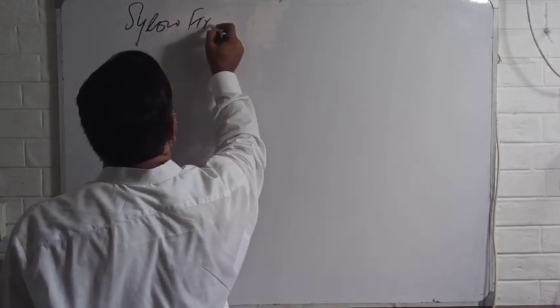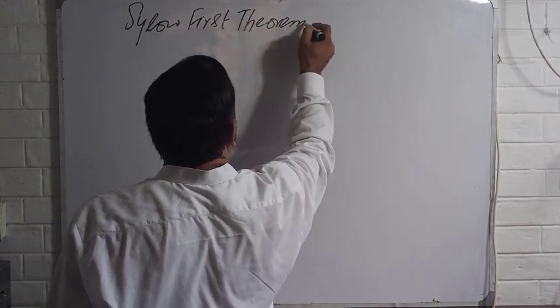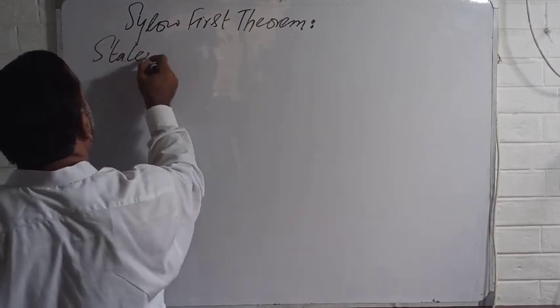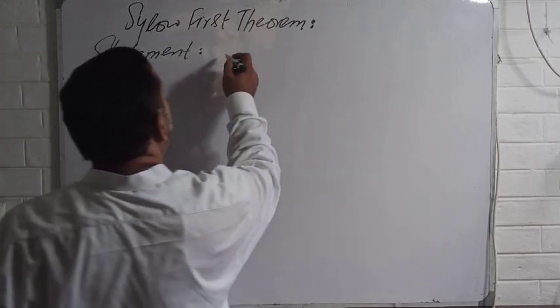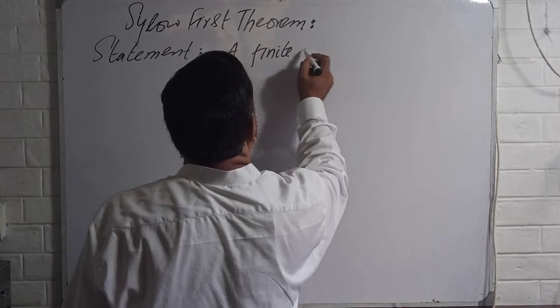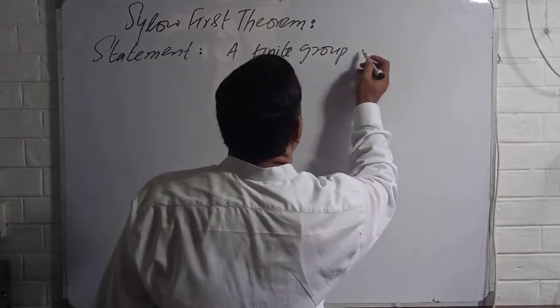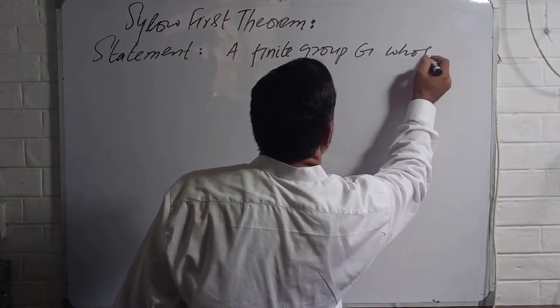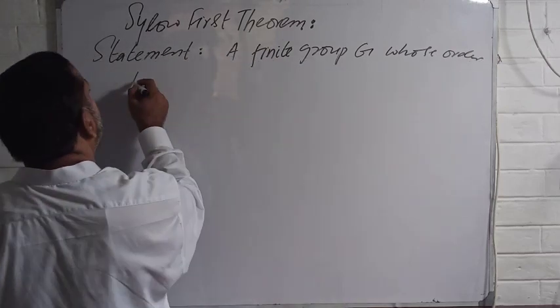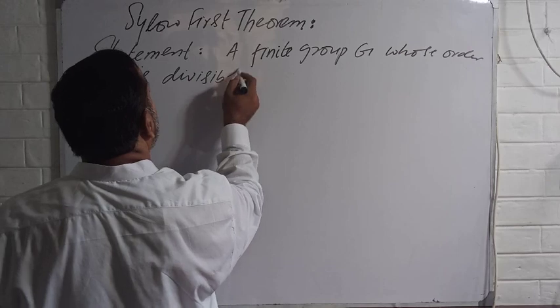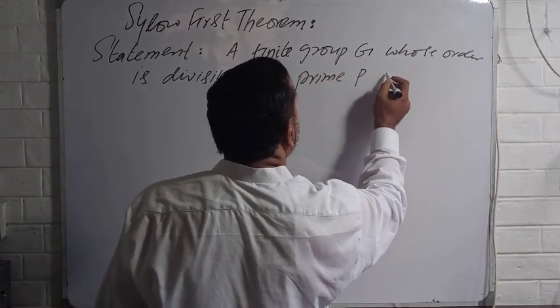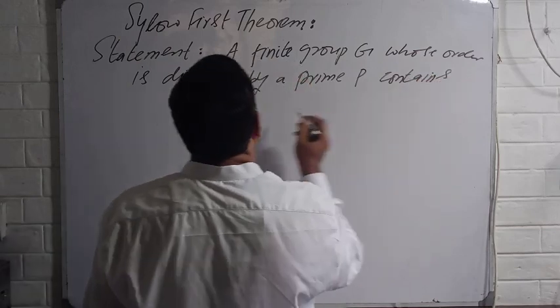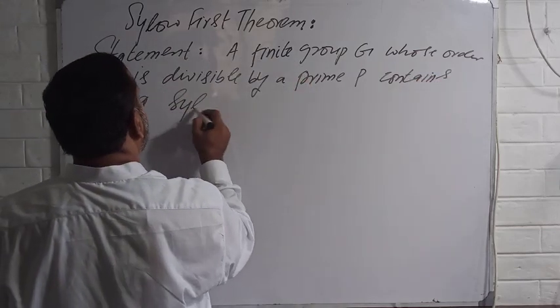See the first theorem. Statement: a finite group whose order is divisible by a prime P contains a Sylow-p subgroup.